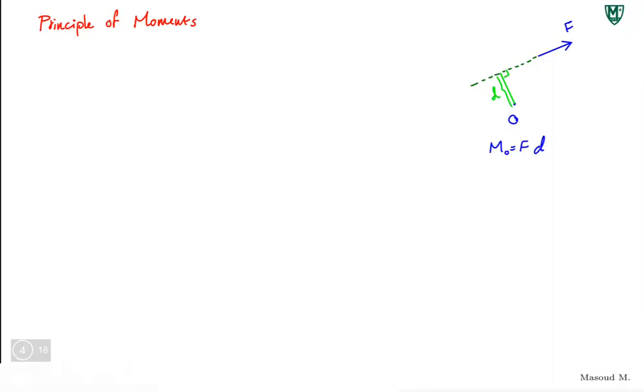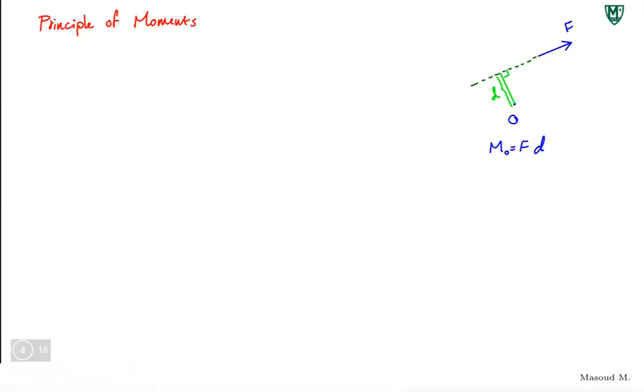Now, sometimes finding this D is not very easy. Sometimes it can be challenging. Now, there is an alternative of finding a moment of a force about a point. Today it is the principle of moments.